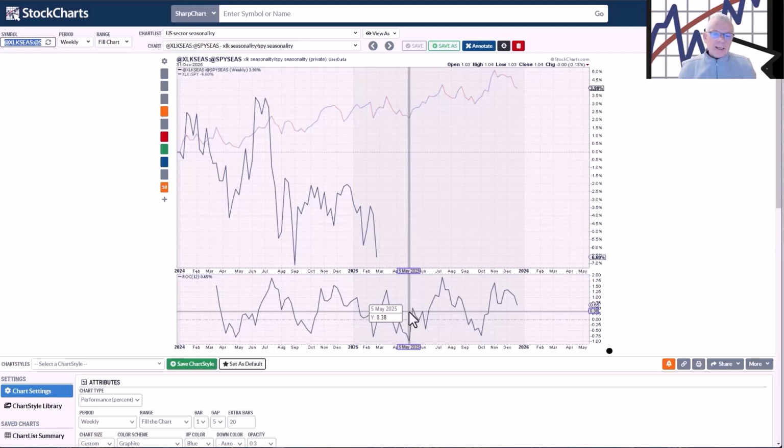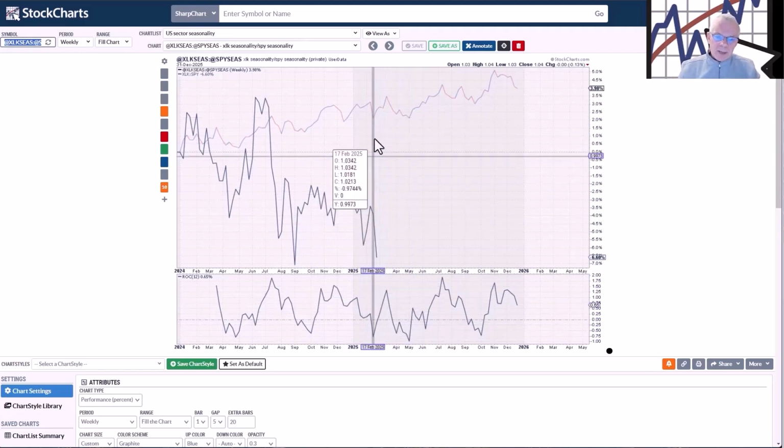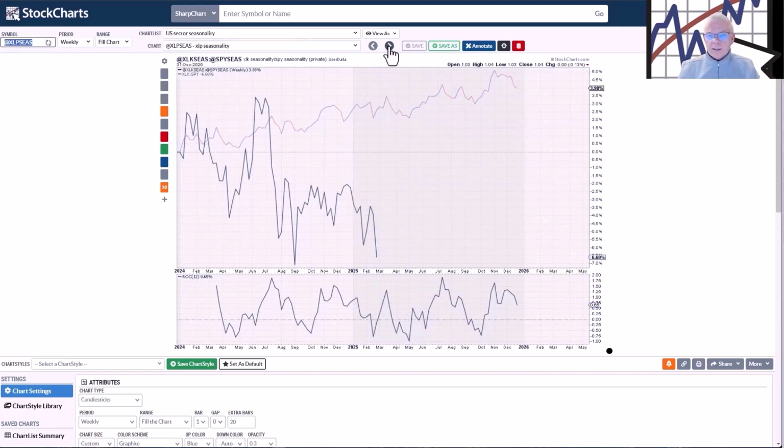The best that can happen is if tech and consumer discretionary are under pressure, if they go down, then it has a big effect on the S&P 500. So all the other sectors then need to step up and improve, but they can only do so much because they have a lot less market capitalization than technology and consumer discretionary. So that's a bit of caution there for the technology sector.